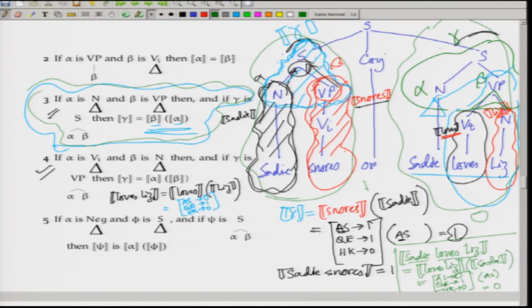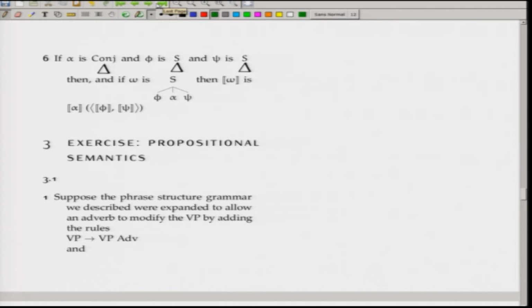Now we need other rules. We now need a rule that has OR as its part, right. So what is the rule? Now we go there, the conj rule. If alpha is a conj and phi is s goes to something and xi is s goes to something, then if omega is s goes to alpha phi alpha xi, then the reference of omega is this thing, right.